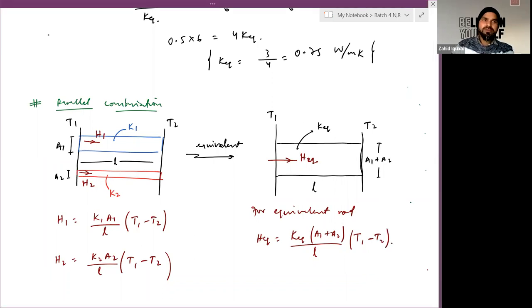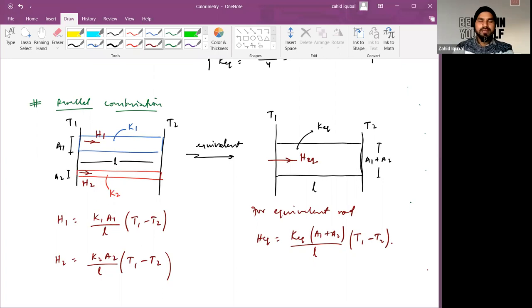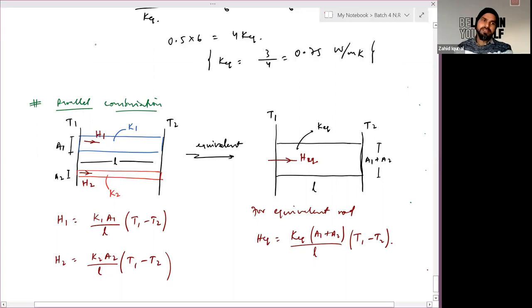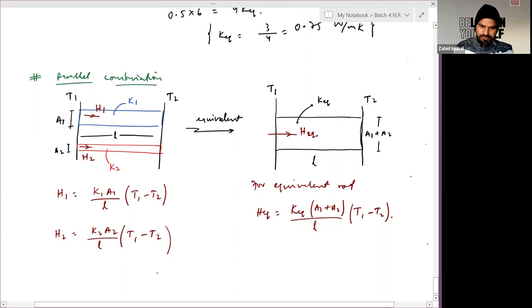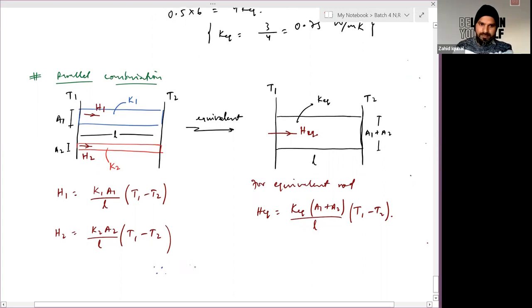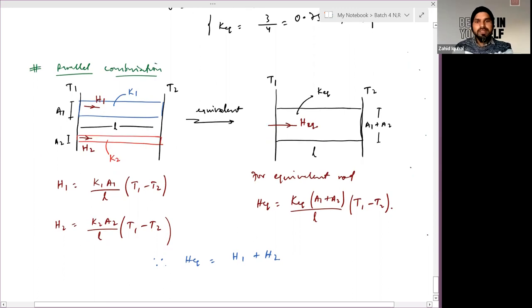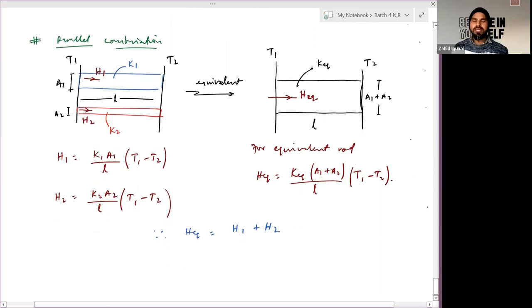According to the concept of parallel combination, the total current flowing must equal the sum of the currents flowing across its combination. So H equivalent must be equal to H1 plus H2. Put the value of each term in this expression and simplify it, you will get K equivalent.